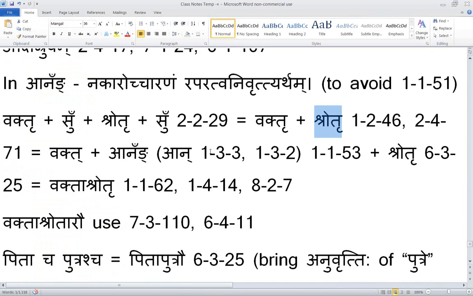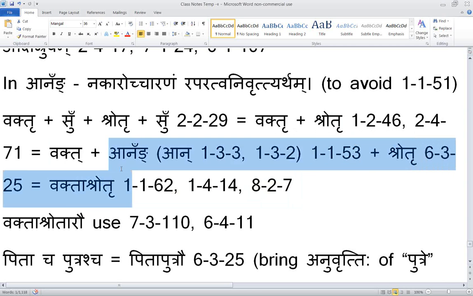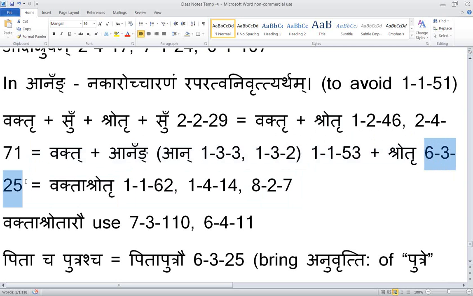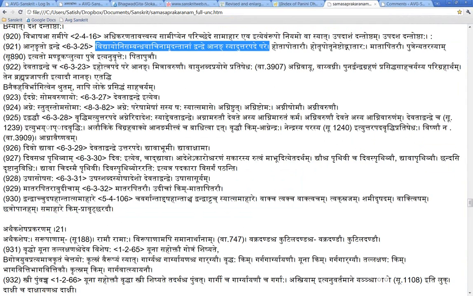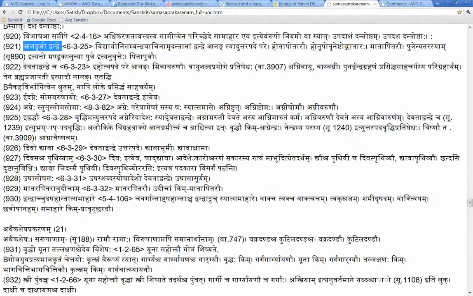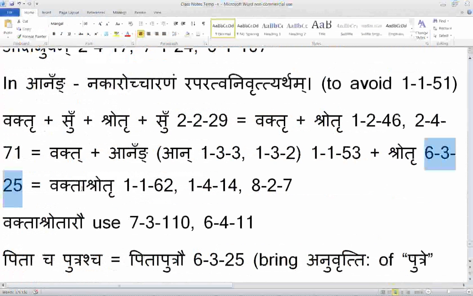Of course, Anubandha Lopaha by Halantyam, Upadesha Jananasika it, Anadesha by Nitya Sutram. This is 6.3.25, Anangrito Dvanve, which we have used, and then we get Vakta, Shrotru.